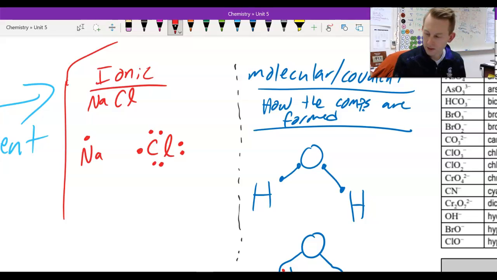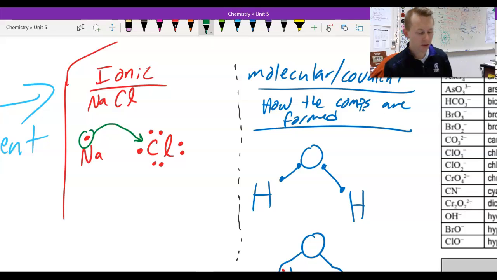Now for these, what ends up happening is this electron gets taken away from sodium and brought over to chlorine. When this happens, sodium is left with a full valence level, the electrons that are underneath, and chlorine now has a full level because it gained the extra electron.